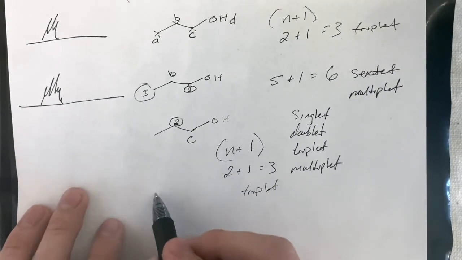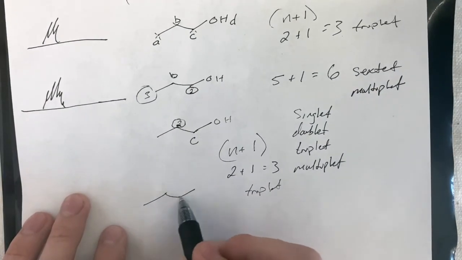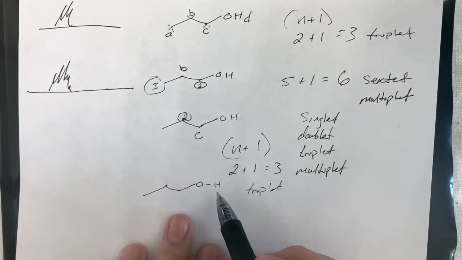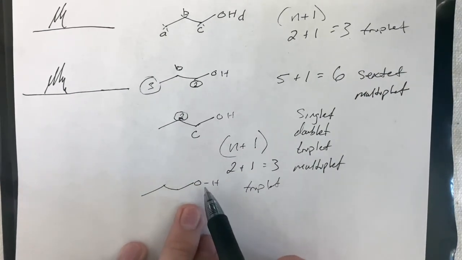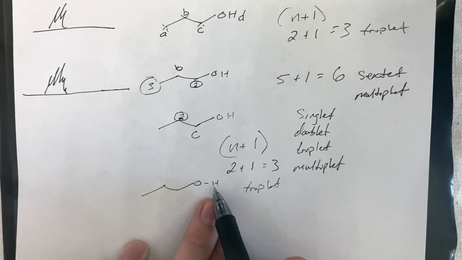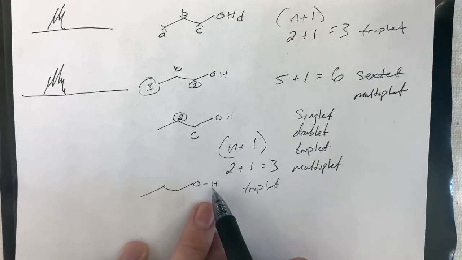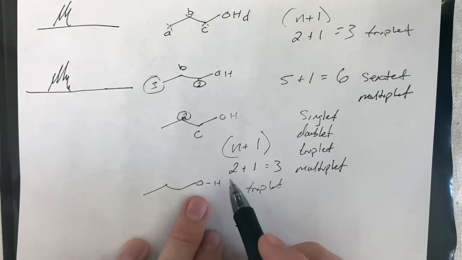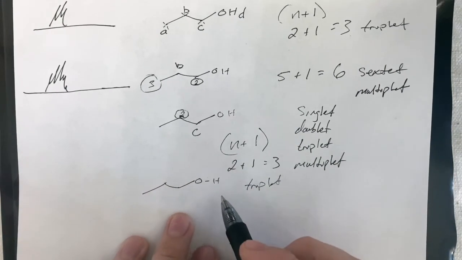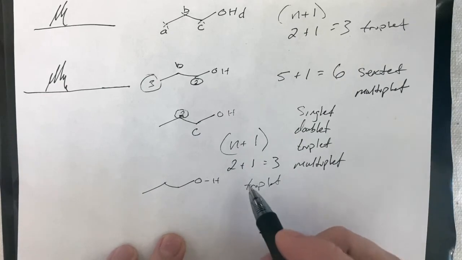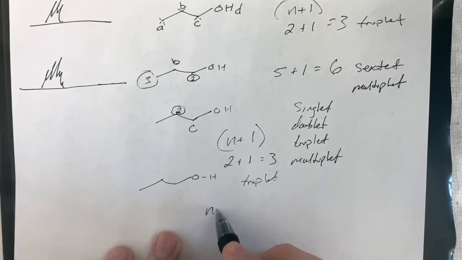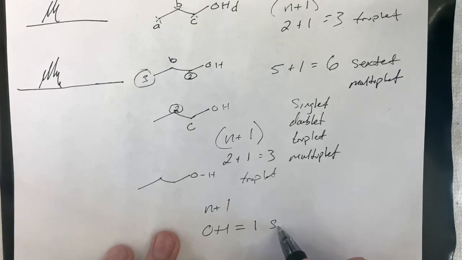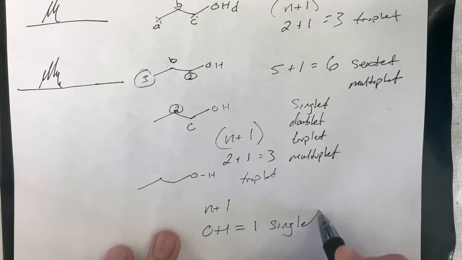And now finally for the OH, again, looking at this one, it's not bonded to any other carbons that contain hydrogens. So there's not going to be any unique neighboring hydrogens. So the n plus 1, it's just 0 plus 1. And you end up with 1, which is a singlet.